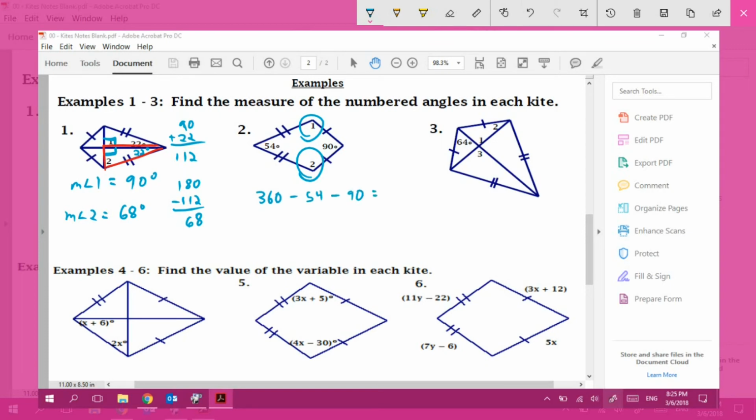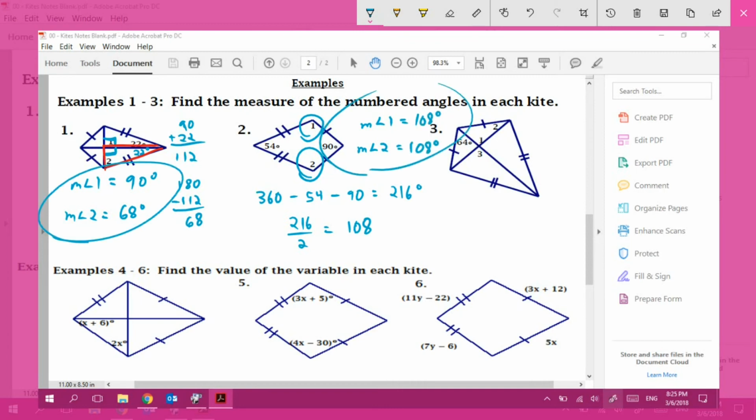That's going to leave me with 216 degrees, right? But I have two angles between this 216 degrees, and both of these angles are the same. So I'm just going to do 216 divided by 2. That is 108. So the measure of angle 1 and the measure of angle 2 are both 108 degrees. There we go. All right, so I want you guys to try number 3 on your own.